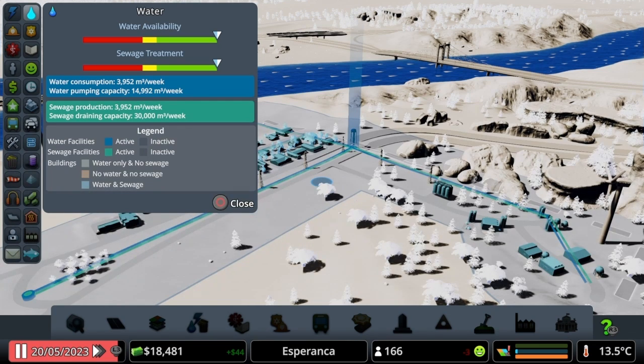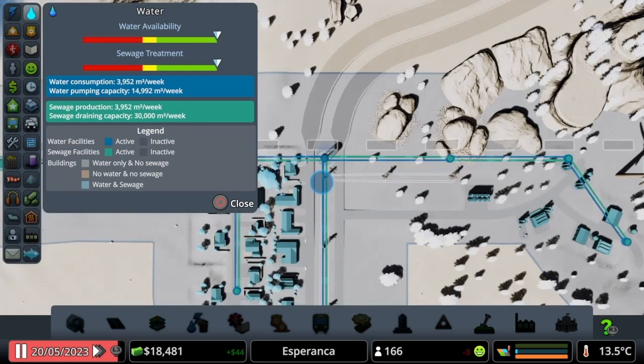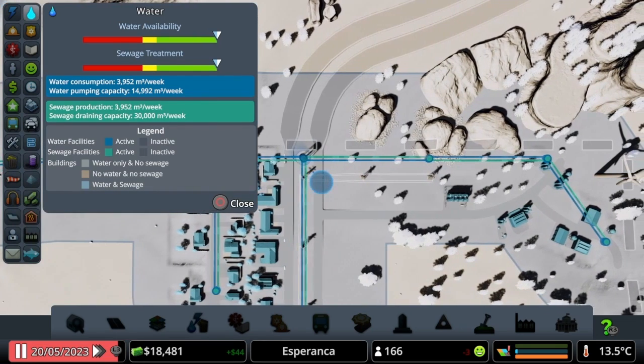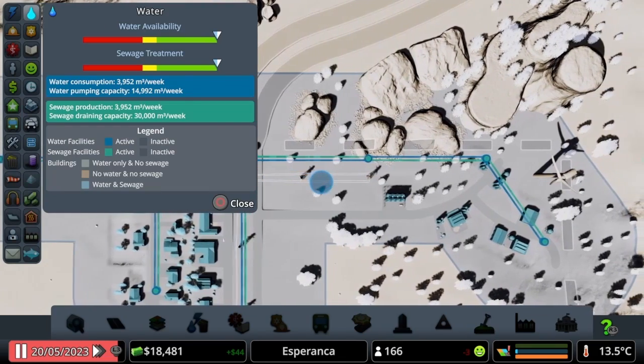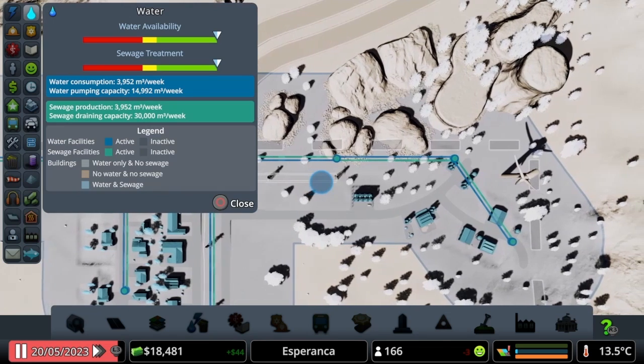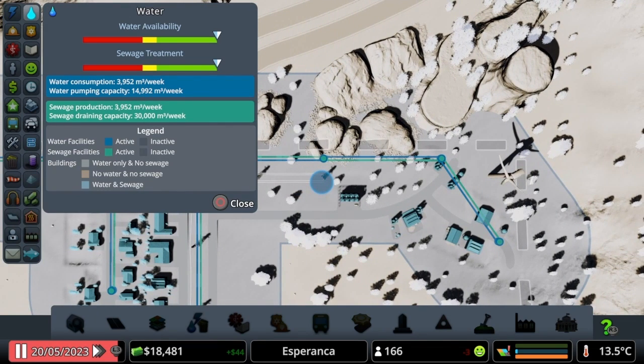In water, you need to understand that you cannot put your industries so close to the residential. Count 1, 2, 3 power lines of distance, and it will be enough.